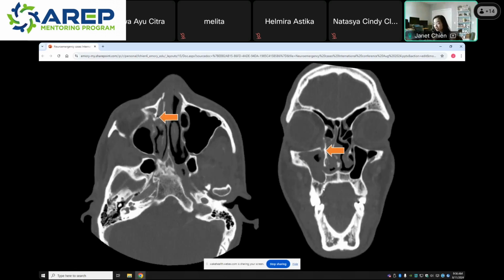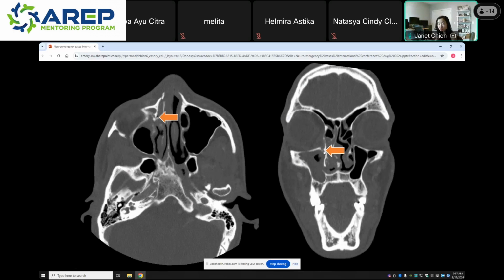Nasolacrimal duct injury. Perfect. Yes. So here you can see the fracture fragment is obstructing the nasolacrimal duct, right? So here's your nasolacrimal duct on the normal contralateral side. And here, the fracture fragment is obstructing that right nasolacrimal duct.